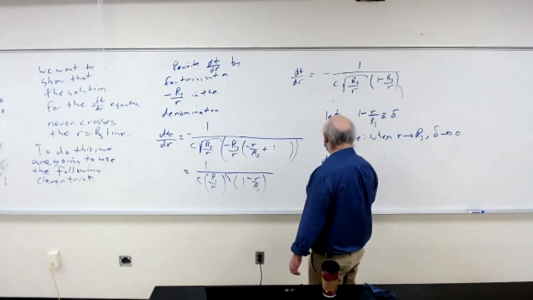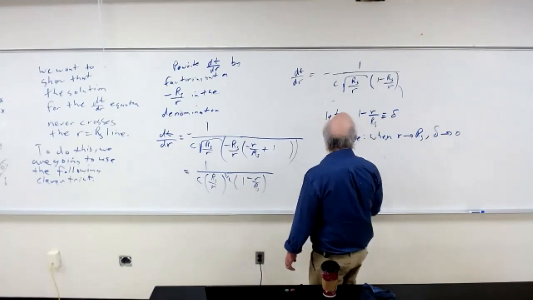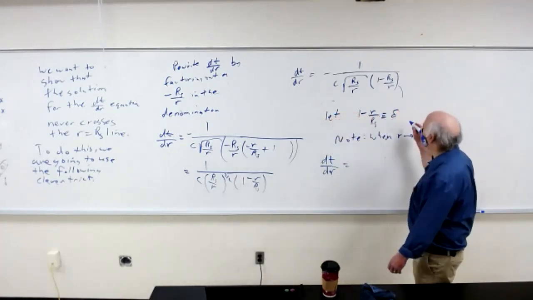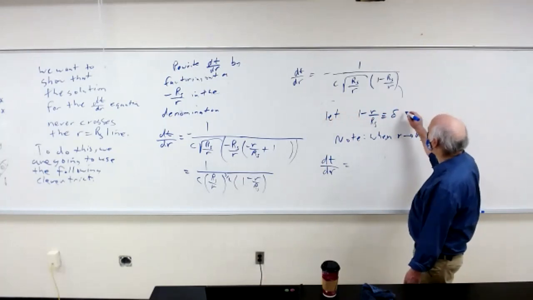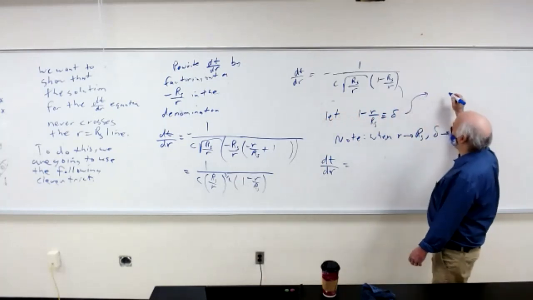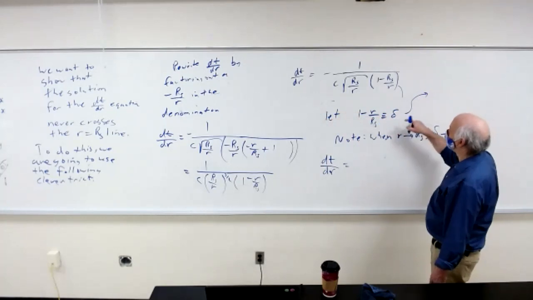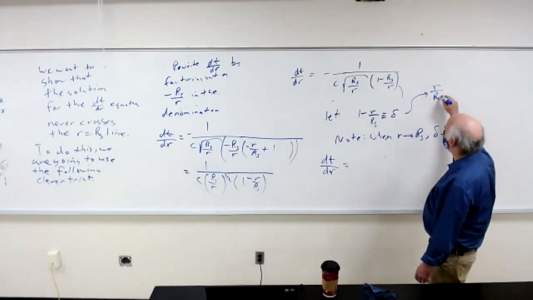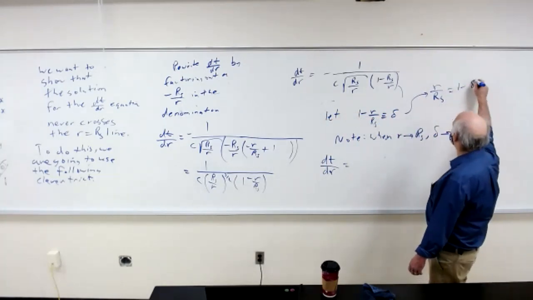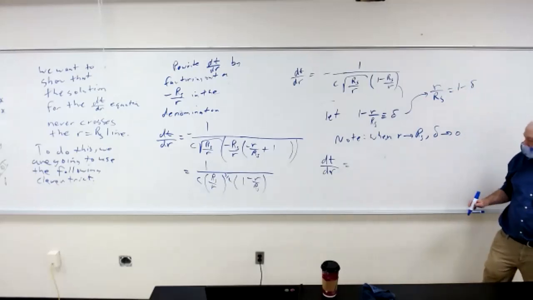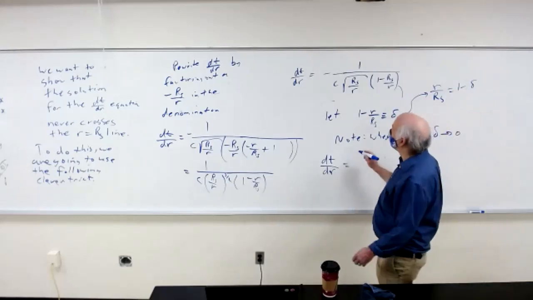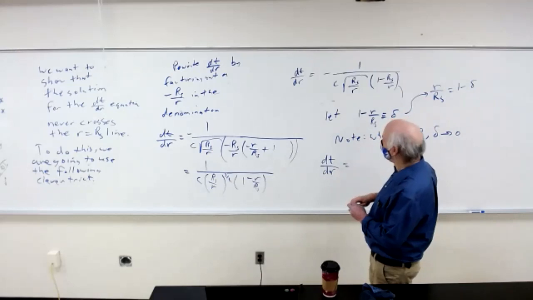dt/dr equals. Okay, so if we solve this here, I can take this over here and say R over RS equals 1 minus delta. So what does this give us?